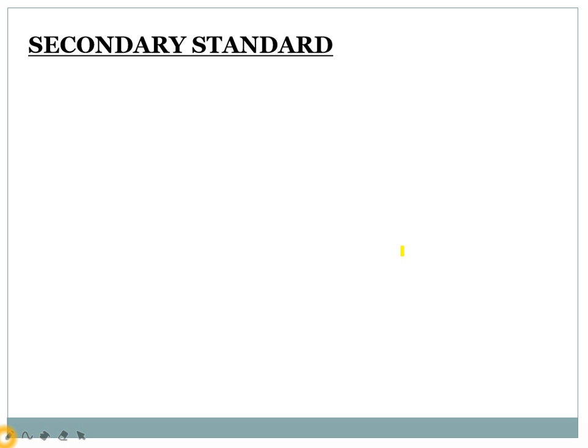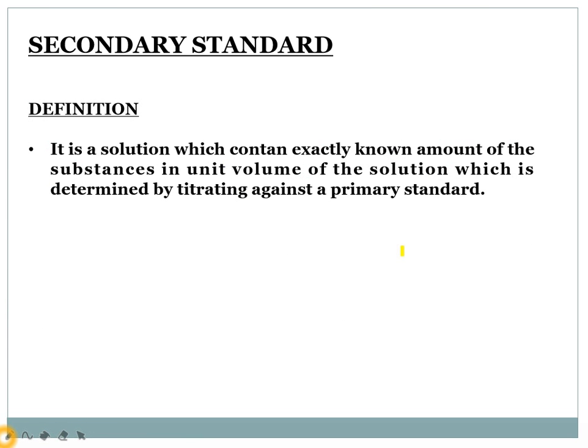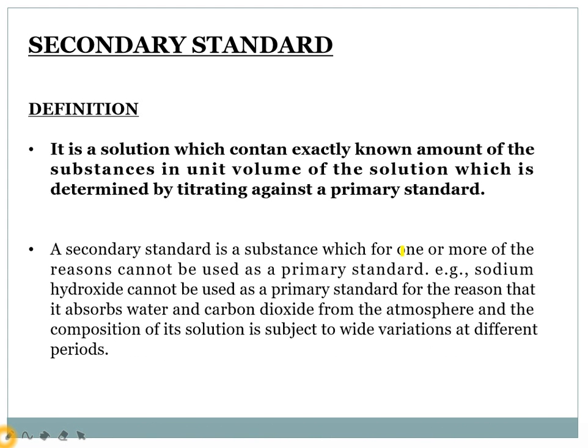Now we can discuss what a secondary standard is. The definition of secondary standard is a solution which contains an exactly known amount of the substance in unit volume of the solution, and this can be determined by titrating against a primary standard. That is the difference. The secondary standard can be determined by titrating against a primary standard.